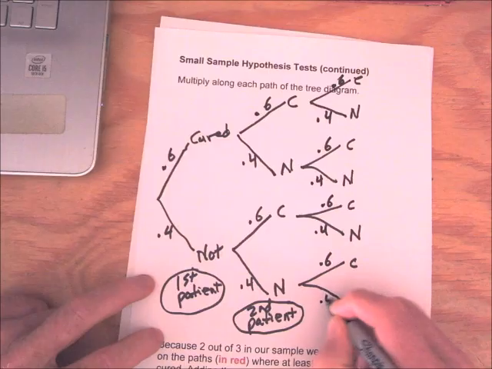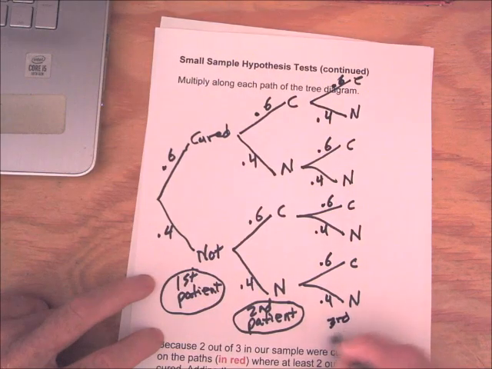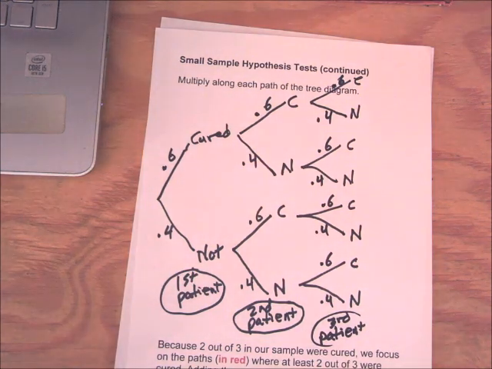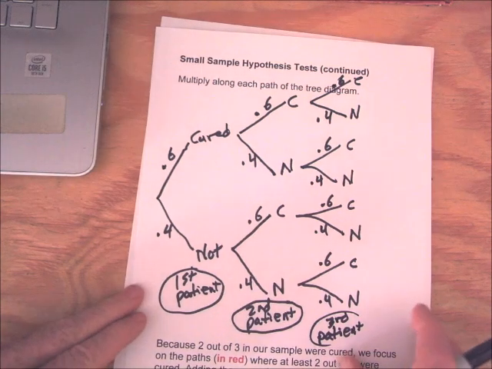So that's the third patient. So now there are 8 possible outcomes. We can multiply straight across to get the probability of each path.